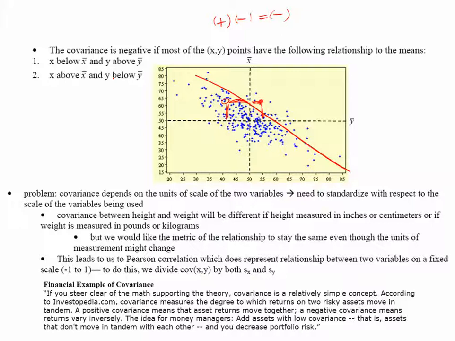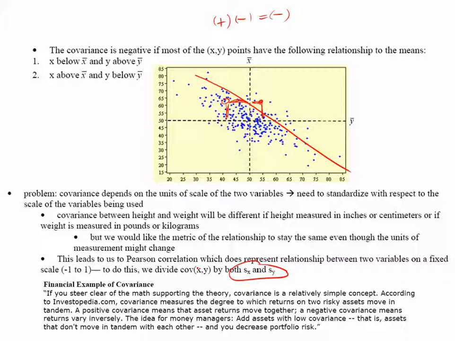So the correlation coefficient is essentially a unitless number because we divide by both the units of x and the units of y. Now, this might sound a little complicated, but I want you to use your intuition when we talk about correlation coefficients.